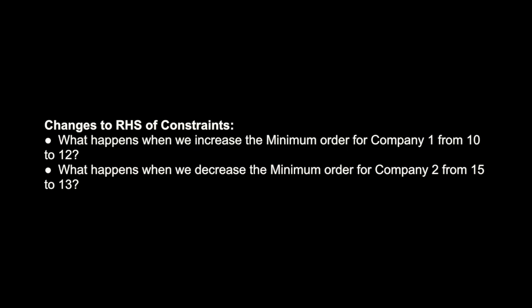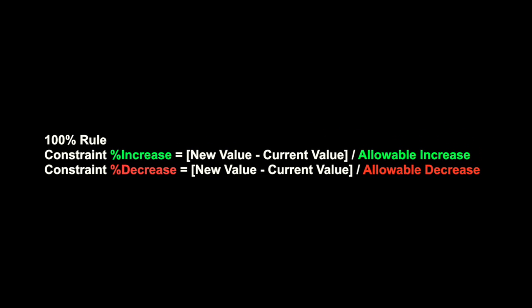Now let's make some changes to the right-hand constraints. Let's see what happens if we increase the minimum order for company 1 from 10 to 12 and also decrease the minimum order for company 2 from 15 to 13. Now, in order to correctly determine if the changes applied will not affect the optimal values of x1 and x2, we must first use the 100% rule.